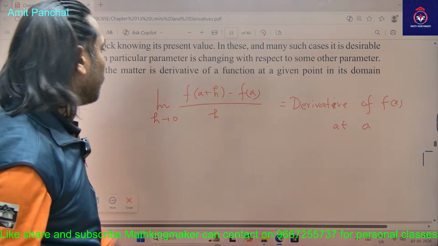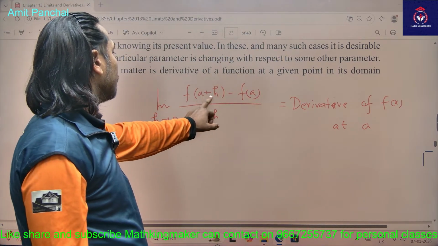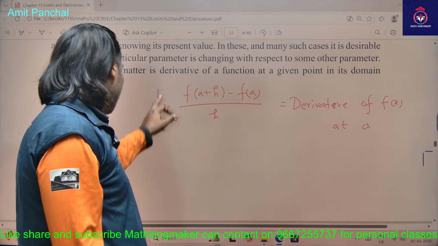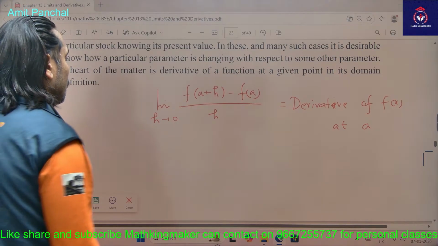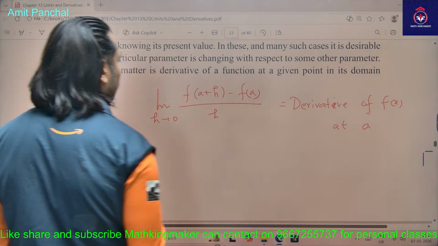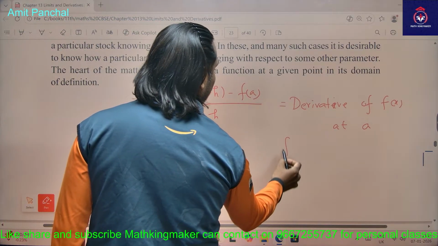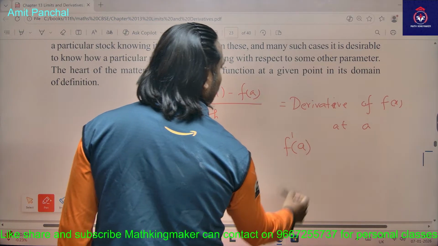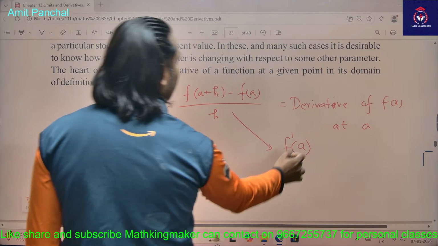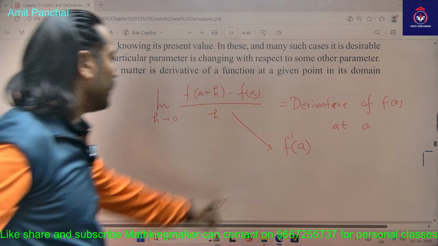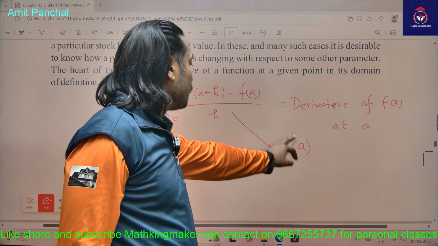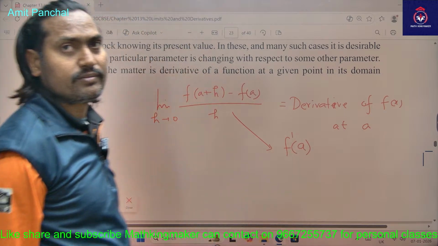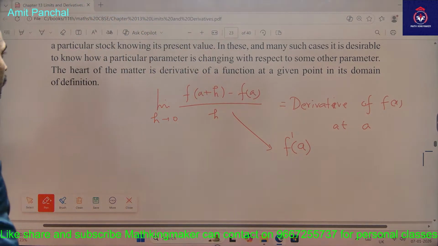Symbolically we write it as f dash a. F dash means it's the derivative at point a. Just write it down.